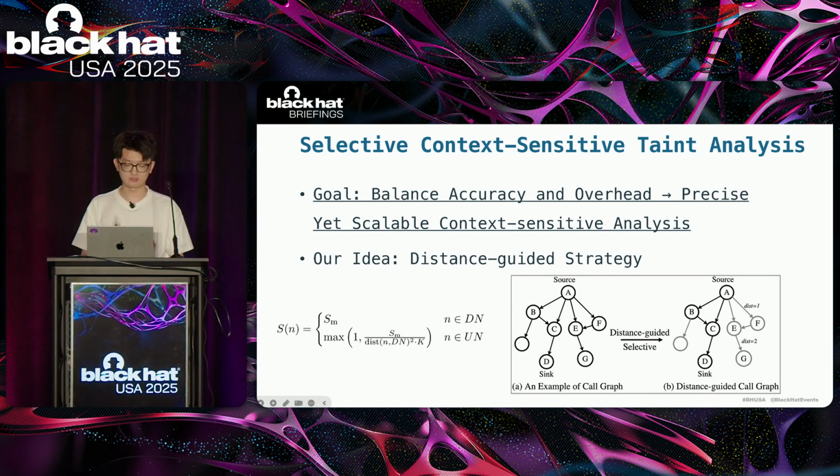Further away from the sink, we relax the bound, which helps us save memory and speed up the analysis without losing much precision. By guiding context sensitivity in this way, we achieve a practical balance between detection accuracy and resource usage, making our method suitable for large-scale microservice applications.